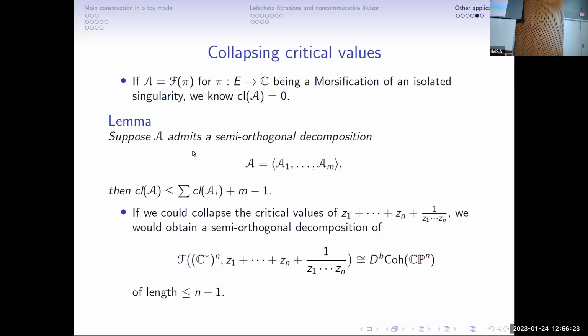But that will give us a contradiction, because each local piece would contribute cup length 0 on the right side of the inequality. If the critical values could be collapsed, the length of the semi-orthogonal decomposition must be less than or equal to n. And that's a contradiction, because we computed that the cup length of the category of coherent sheaves on CP^n is bounded from below by n.